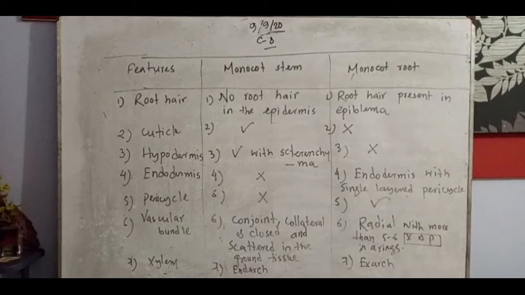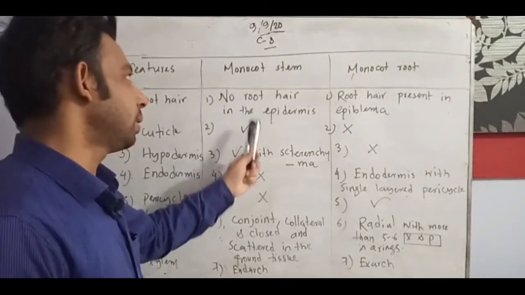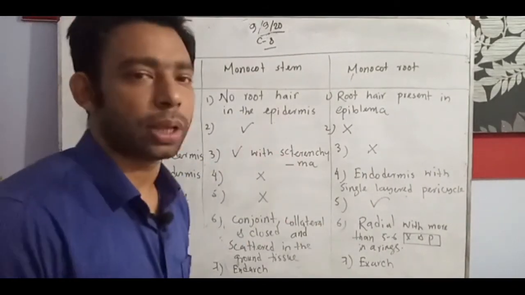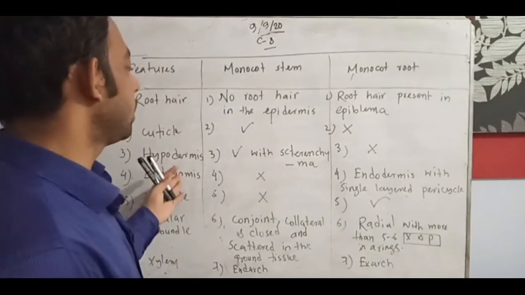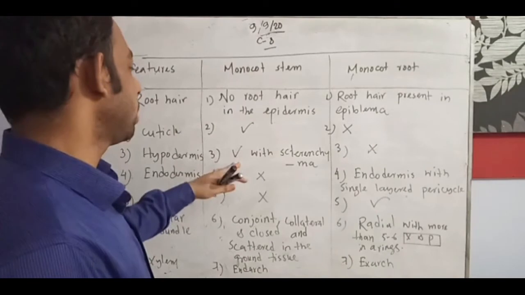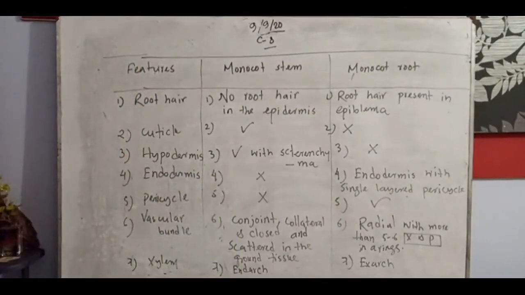The second one is the cuticle. Cuticle is present in the monocot stem, but in the case of the root there is no cuticle. Hypodermis: in the case of the stem, the hypodermis is always present, and there is no hypodermis or hypodermal layer in the root.